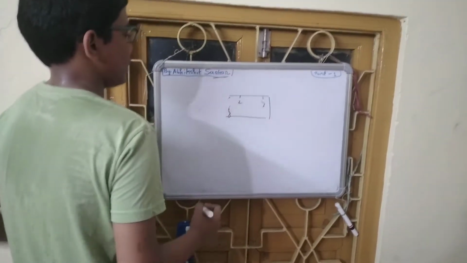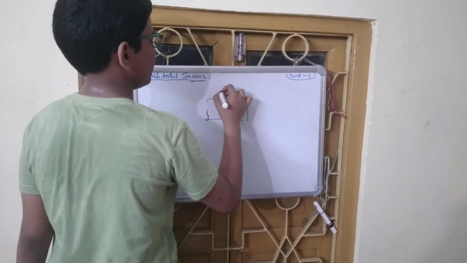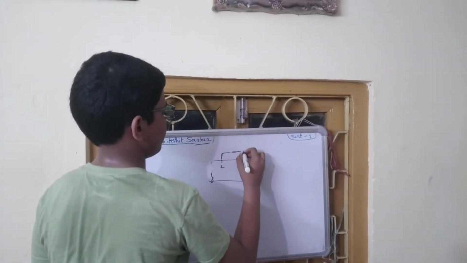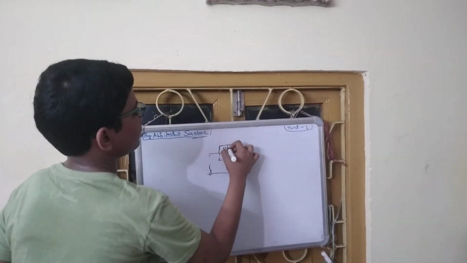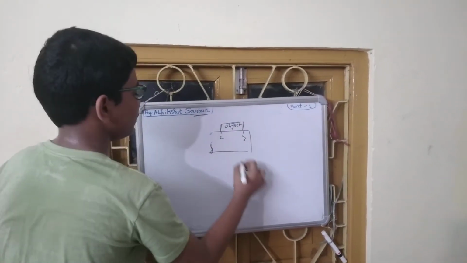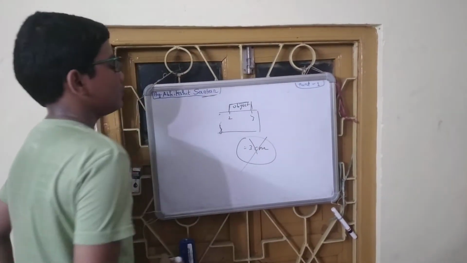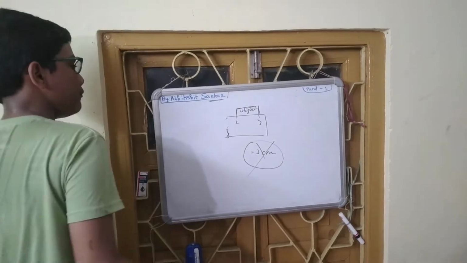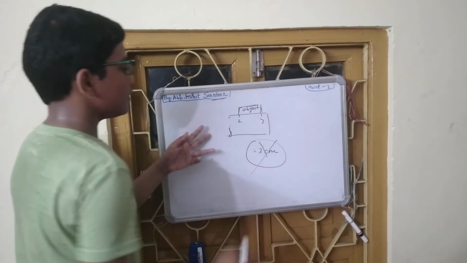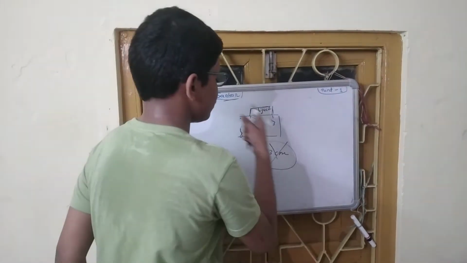Now if we take an object, it shows 3 centimeter. If we write 3 centimeter, it is wrong, fully wrong, because two magnitudes are not there, so how can 3 centimeter be the length of this object?